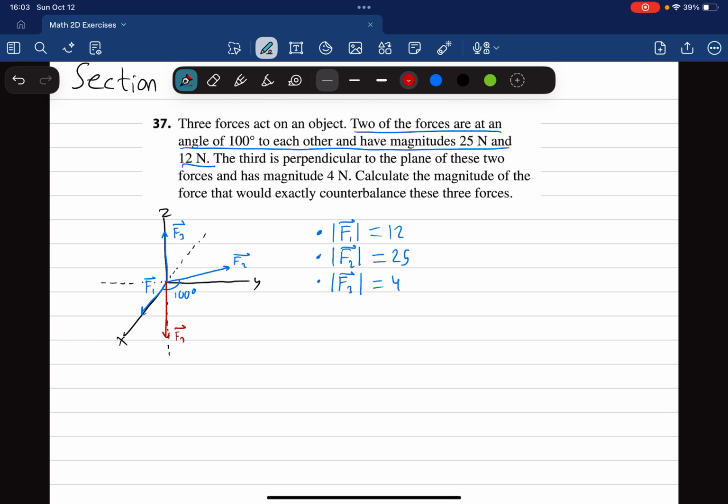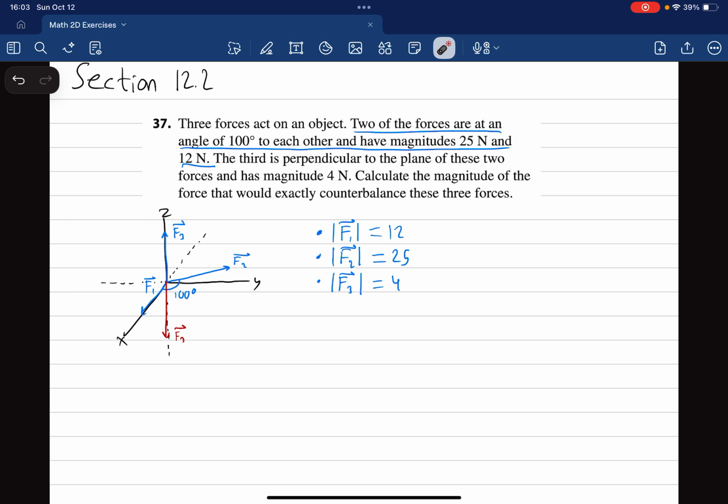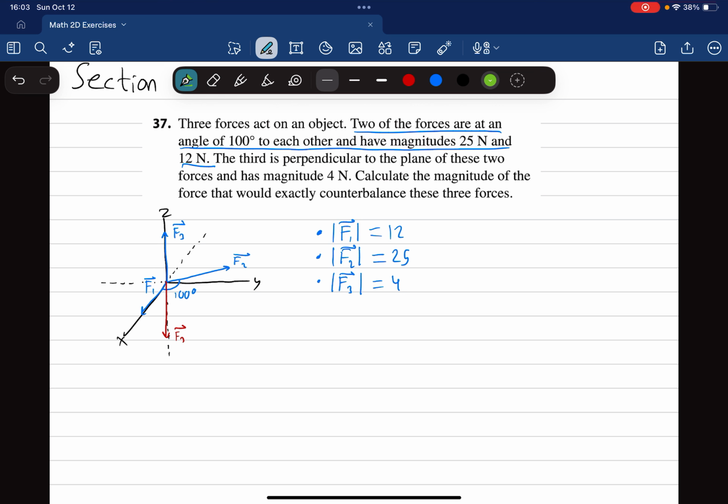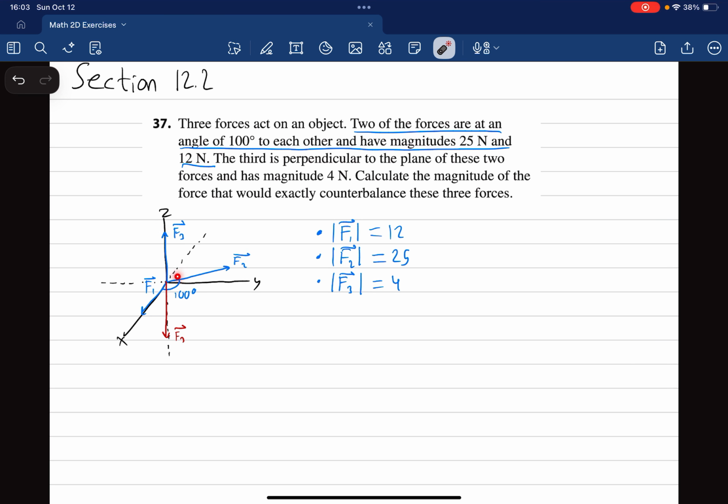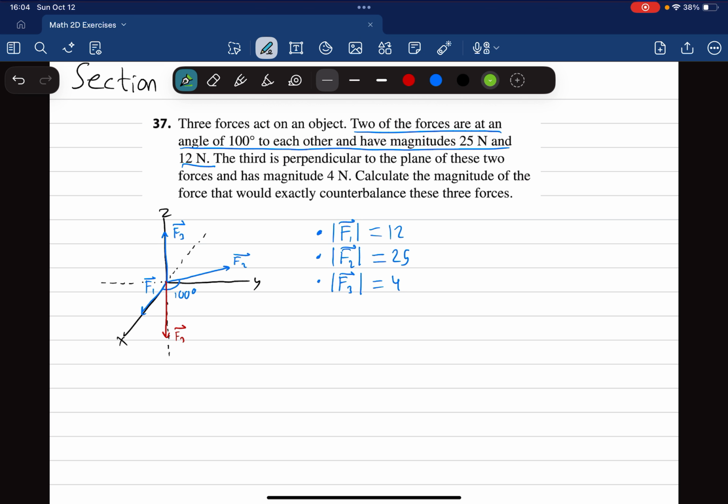Okay, so now we have the first bit of the setup. And as a reminder, we want to find the magnitude of the force that would exactly counterbalance these three forces. Now, if the vector perpendicular to our first two were pointing up in this way, then we could estimate that maybe the vector that's counterbalancing probably points in that general direction, right?